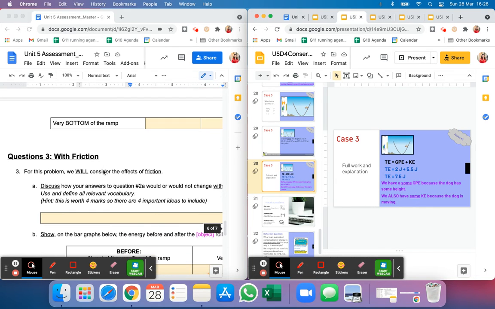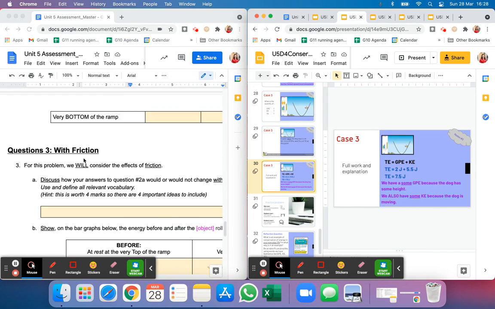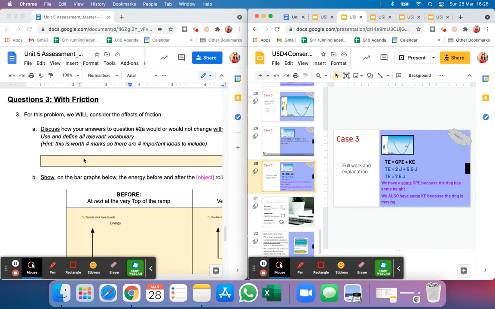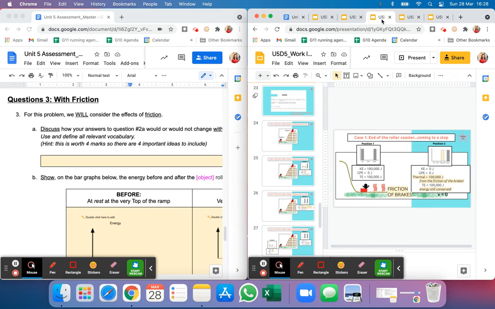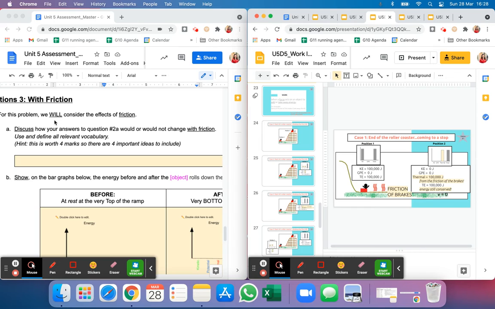And let's move on. Question 3. Question 3, we said, okay, now we do have friction. Now let's think about friction. Thinking about friction, that's what we did on Unit 5, Day 4 when we started talking about work. So question 3 was really getting at the work we did together in Unit 5, Day 5.